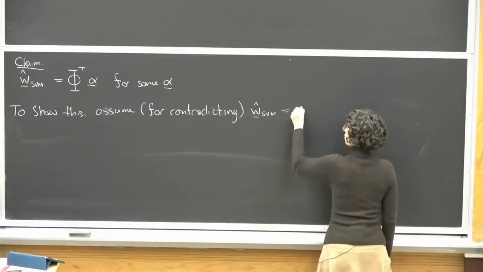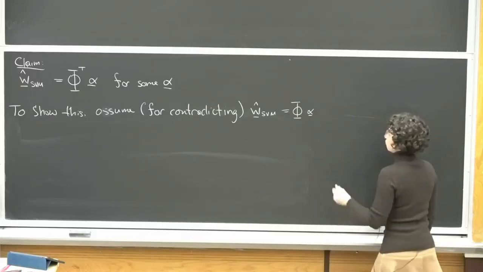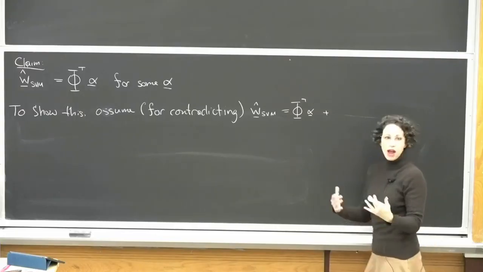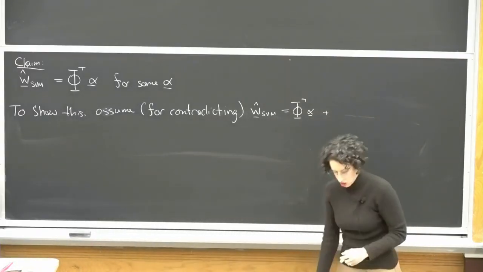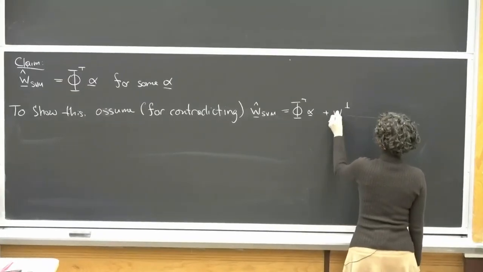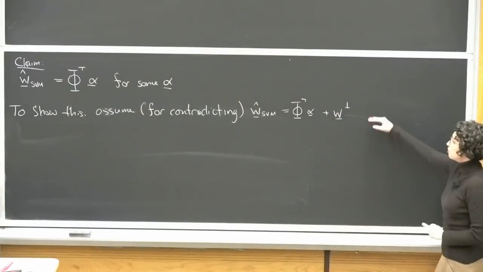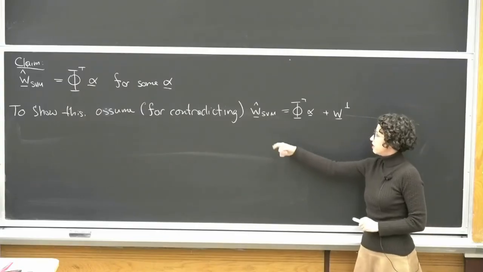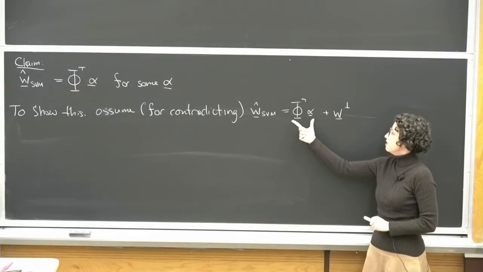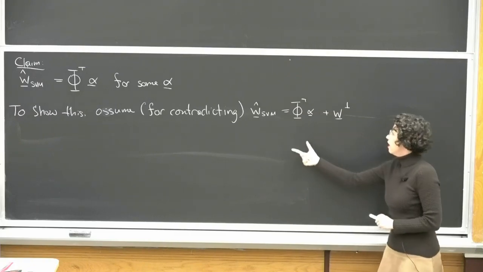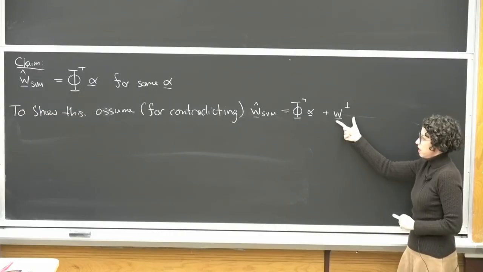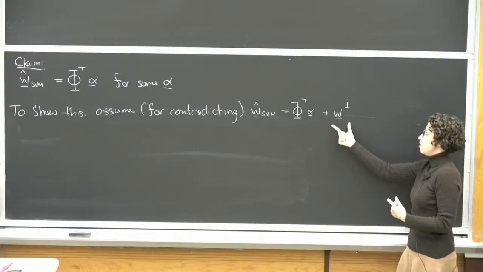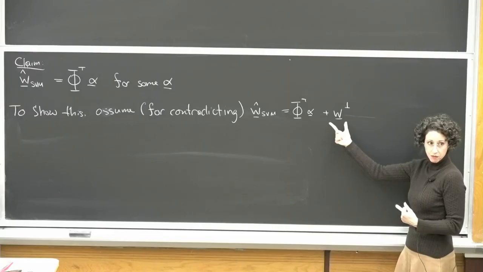That actually it's going to be phi transpose alpha plus some extra stuff that can't be written as a weighted sum of the rows of phi. And I'm just going to call that extra stuff W perp. Okay, so let's assume that there's some stuff in the support vector machine weight vector that can't be encapsulated using the weighted sum of the rows of phi. And we're going to let W perp represent all that extra stuff. What I'm going to do now is show that W perp has to be equal to 0.